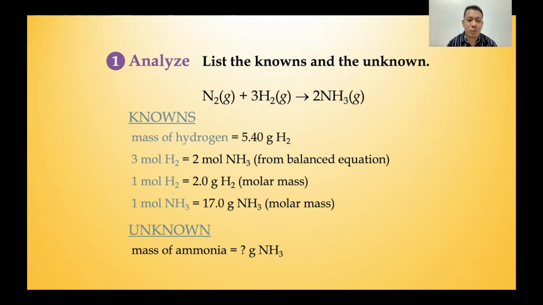Because the atomic mass of hydrogen is 1, so 1 times 2 is 2. Now, for the molar mass of ammonia, for hydrogen it is 3, for nitrogen it is 14. So 14 plus 3 is 17. That's the molar mass of ammonia. For the unknown, it is the mass of ammonia that is being asked.